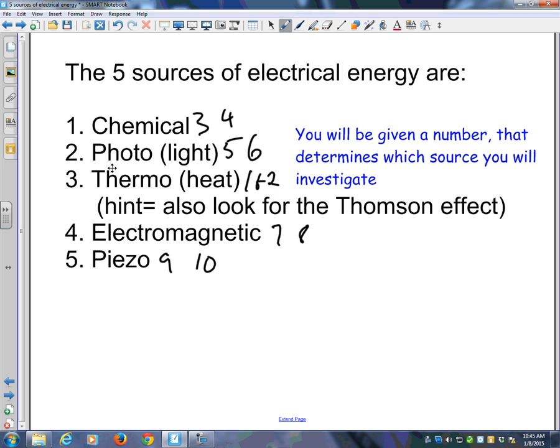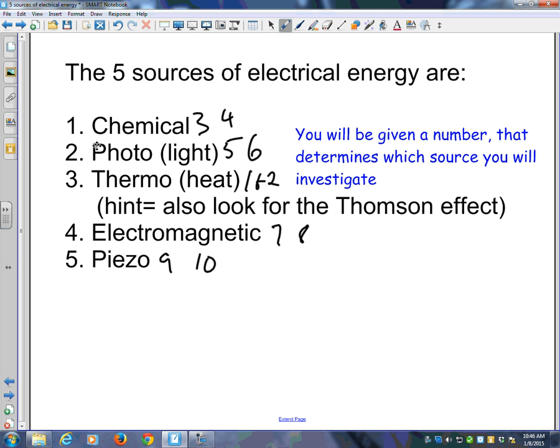So a good example of a chemical source is a battery. You will all need to know at least 2 sources for the test.